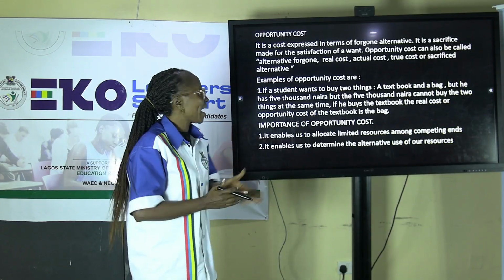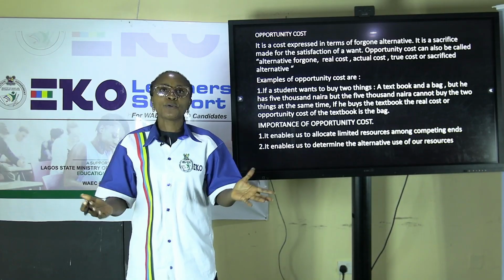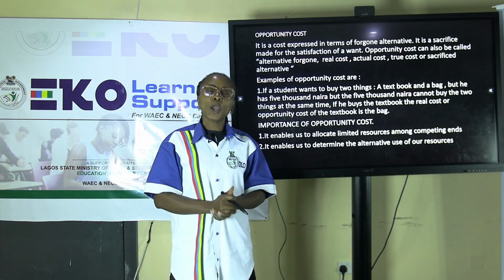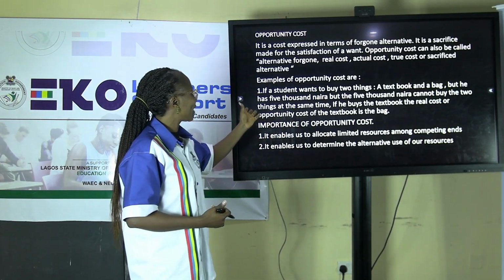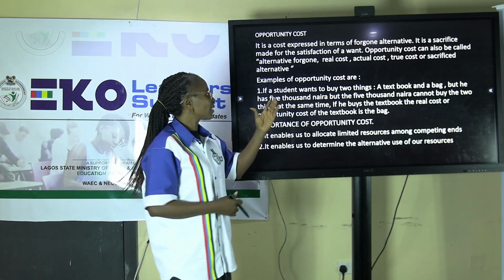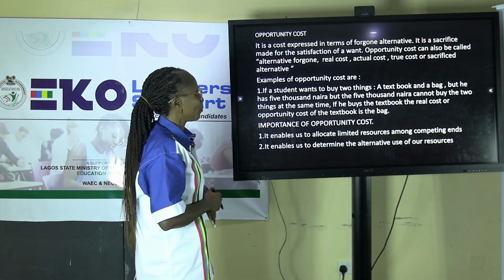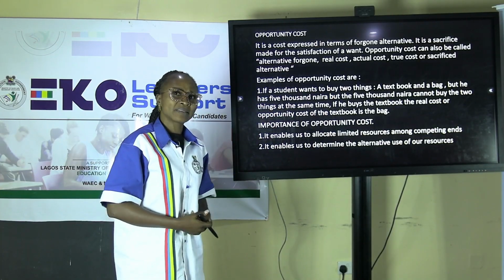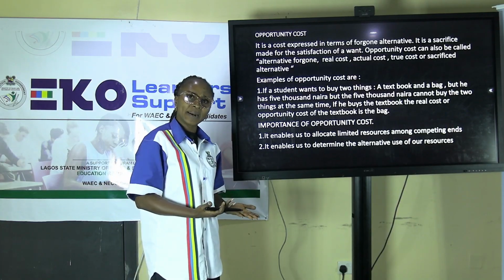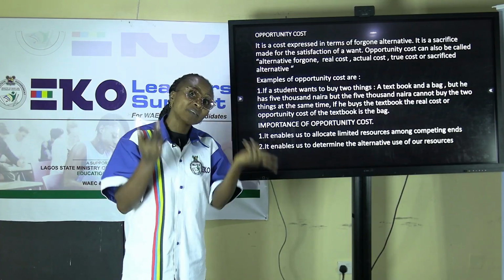We can also give examples. For instance, a student might be in need of two things at the same time, but with the resources at his disposal, like the example we are giving here, we said a student needs two things, a textbook and a bag, but he has only 5,000 naira on him or her. Such a student will not be able to buy the two at the same time.